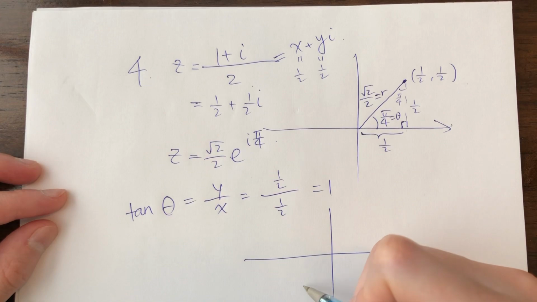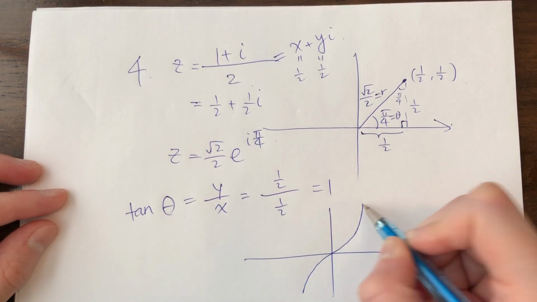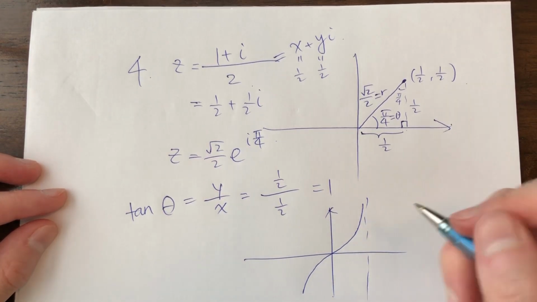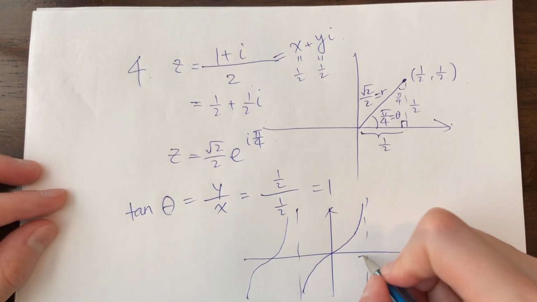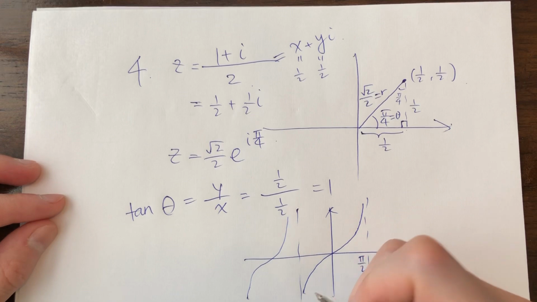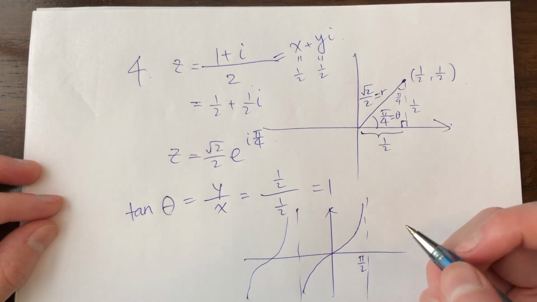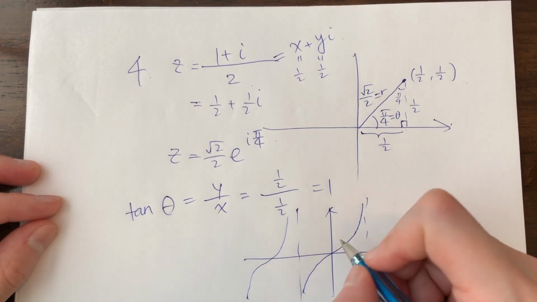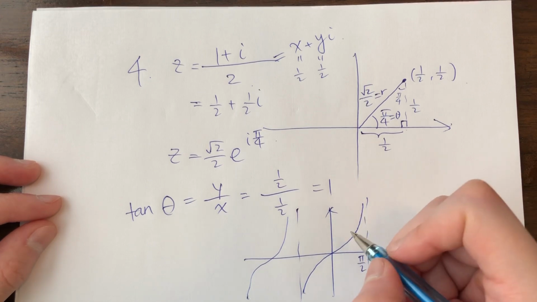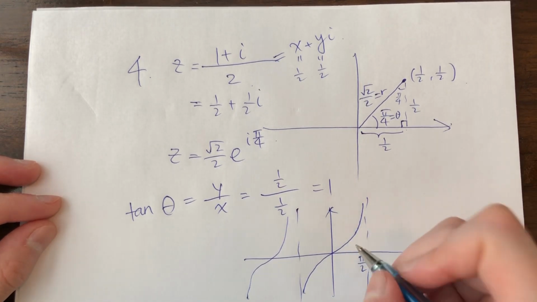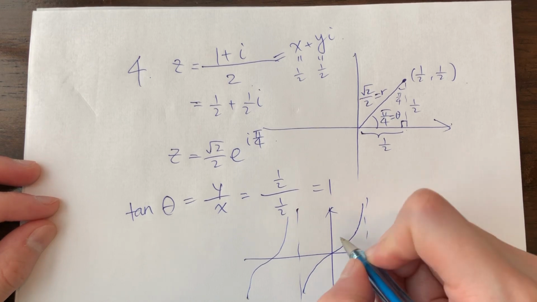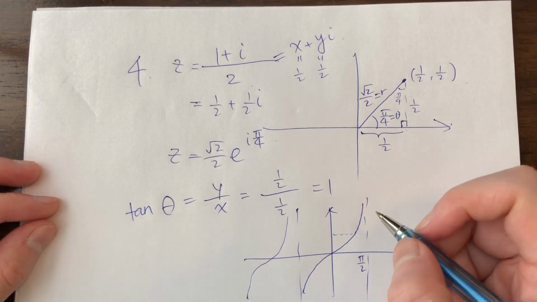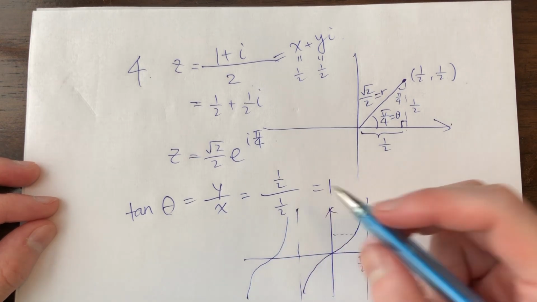If you remember the picture of the tangent, it's periodic, but we only care about this part, and this is pi over 2. I guess drawing this doesn't help you much, but I want to remind you what the picture of the tangent looks like, so let's say I draw this picture to verify this result.